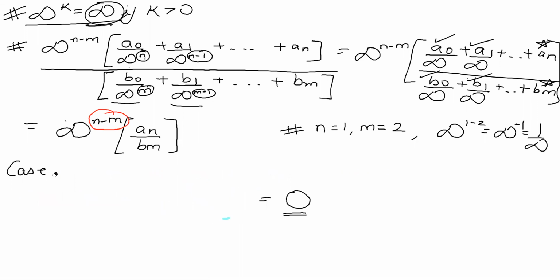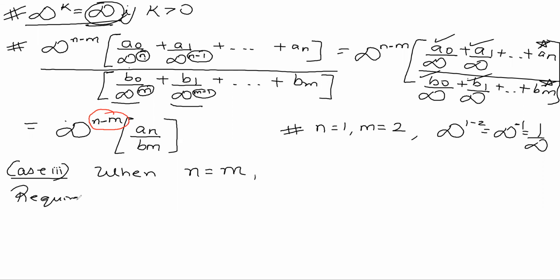Case 3 is when n is equal to m. Case 3 is when the degree of the polynomial in the numerator exactly equals the degree of the polynomial in the denominator. Now guys, in this case, what will the required limit be? So the required limit will be, now guys, look at it.